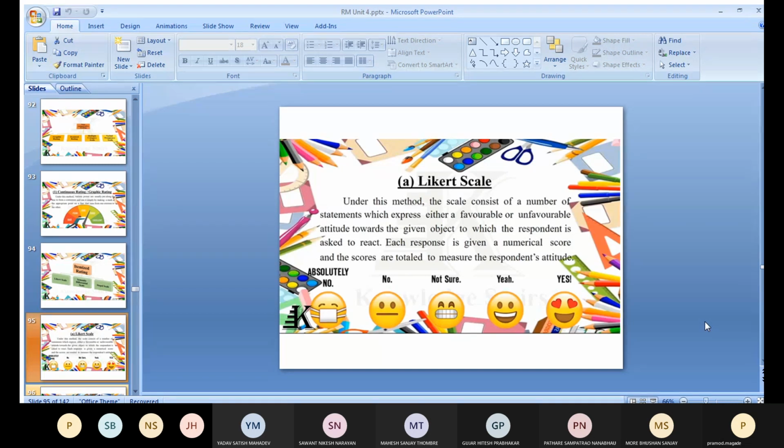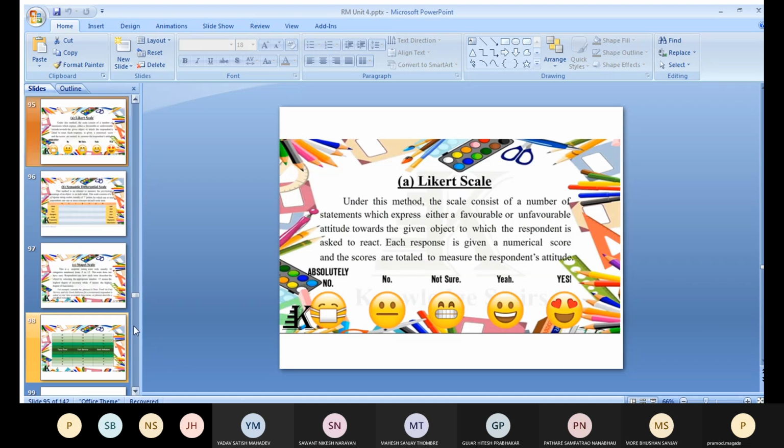Each response has a particular numerical score, and the scores are measured on respondent attitude. So this will be called a Likert scale.